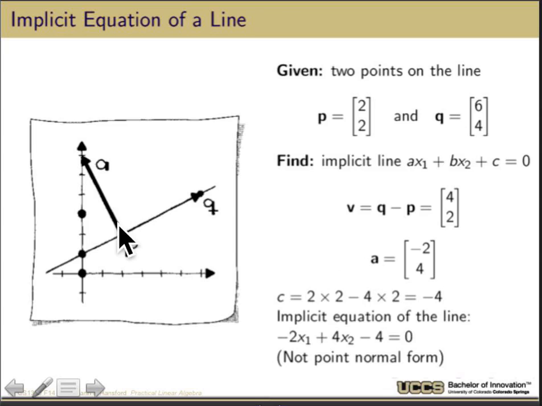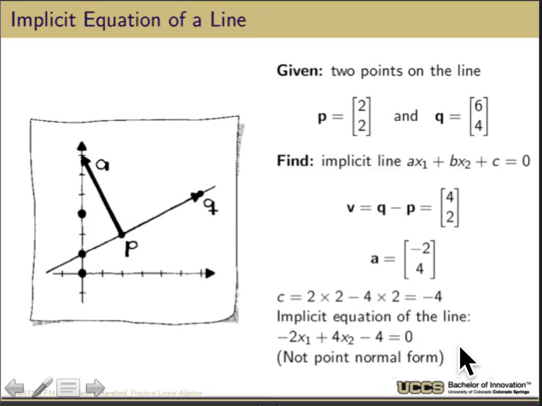So the normal here is (-2, 4). And then c, which we get out of the equation, is just 2 times 2 minus 2 times 4, because of the values involving P. It's minus 4. And so the implicit equation of the line is -2 x1 plus 4 x2 minus 4 equals 0.